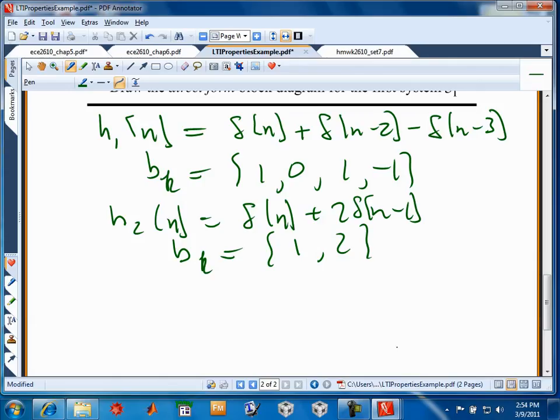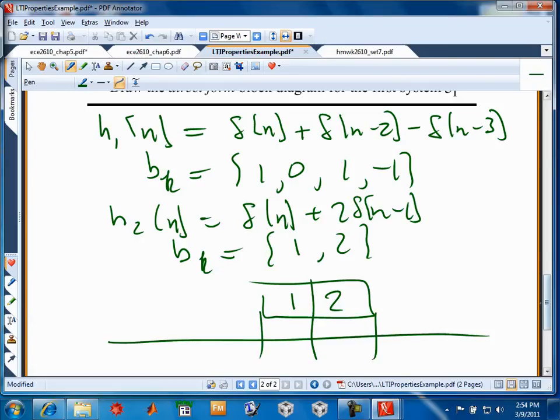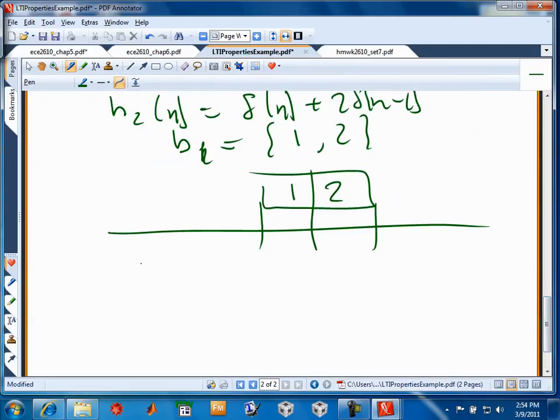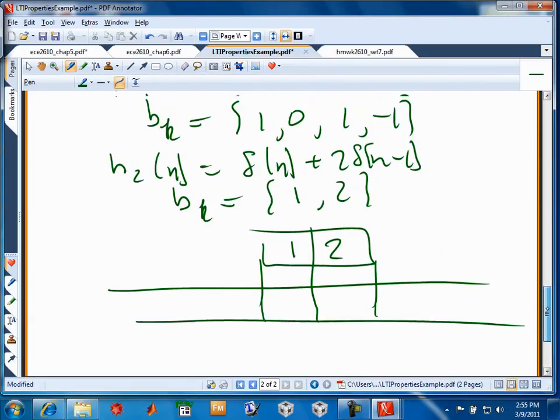We can do the table. We can do something similar to that. So if we wanted to do the table, we'd maybe put 1 and 2 in the first top row of the table, and then we'd have to start putting our time shifted and flipped versions of the second waveform in the other rows of the table.